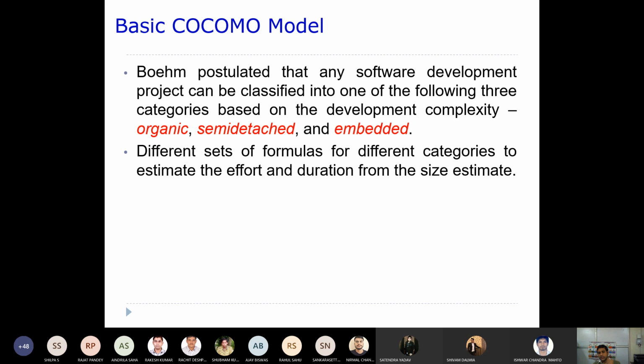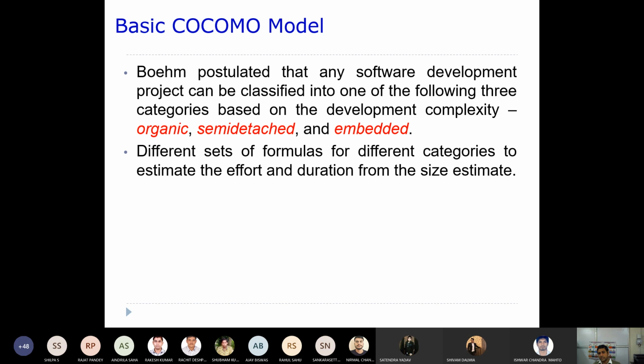And then he estimated effort and duration from the project size estimations. Whatever the project size estimations are, that has already been carried out independently. Then, using the basic COCOMO model, you will be able to estimate effort and duration, I mean how much effort and how much duration you really require to finish that particular project, if the size estimate is already done.